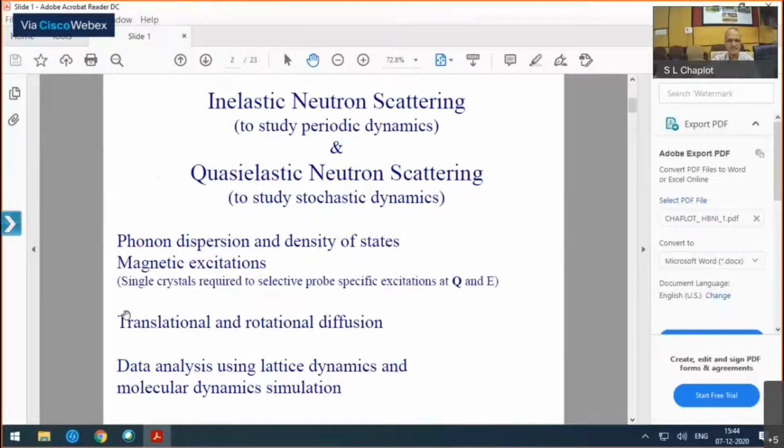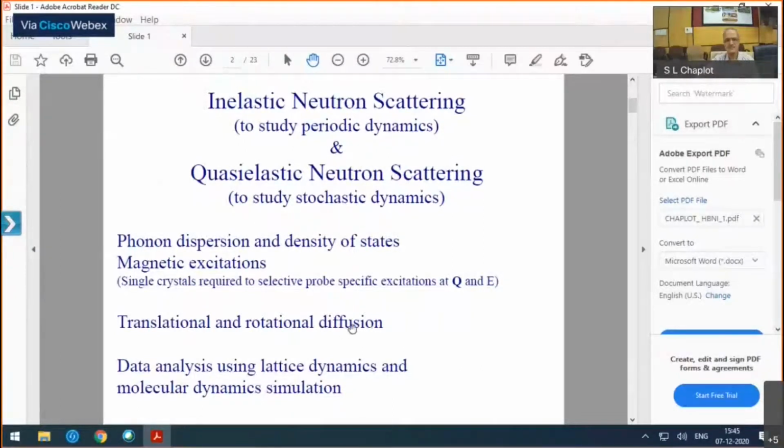Then another set of a few lectures will be on the stochastic dynamics. We said here diffusion in a very general sense. What we really mean is stochastic dynamics involving translations of individual atoms or translation and rotation or reorientations of molecules.